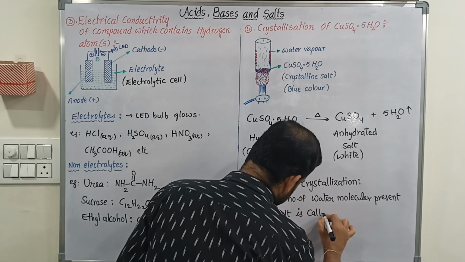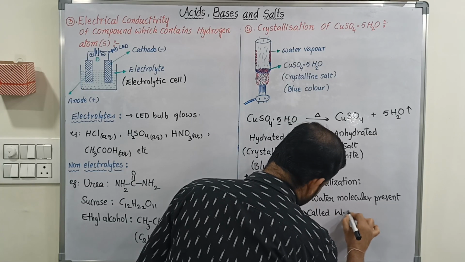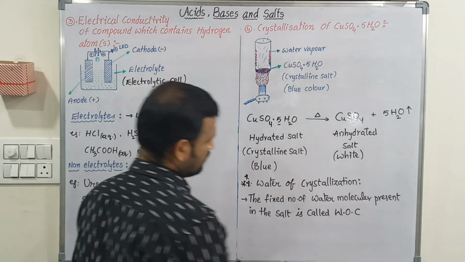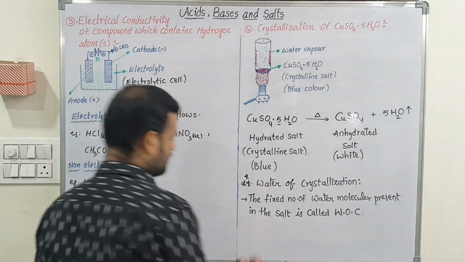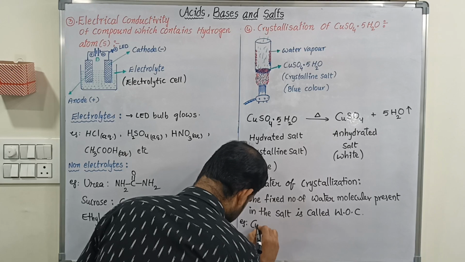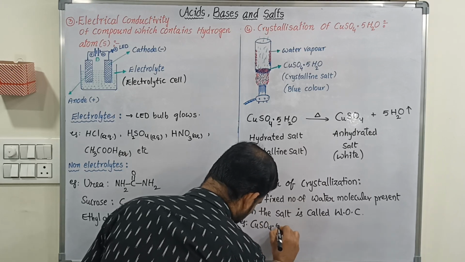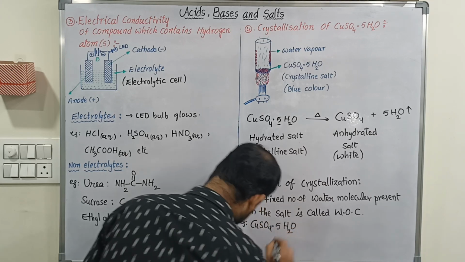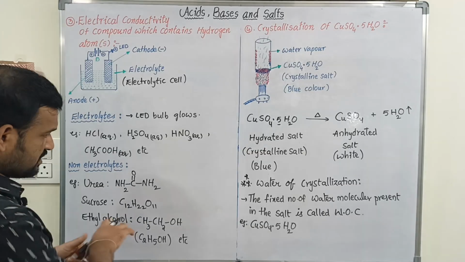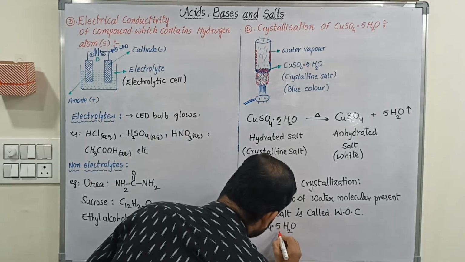For example, CuSO4.5H2O. What is the water of crystallization here?